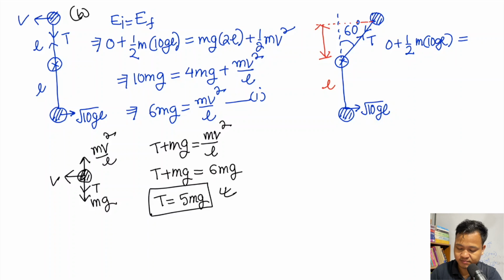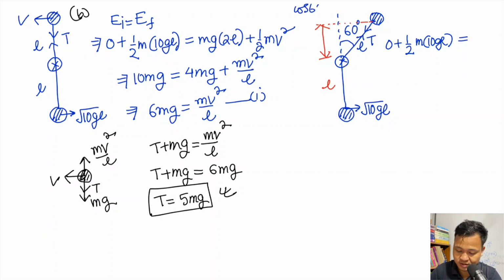Now I have to find out this height. I know that this is L, the length of the string. This is a right triangle, and the adjacent side I can find using cos. What is cos 60?